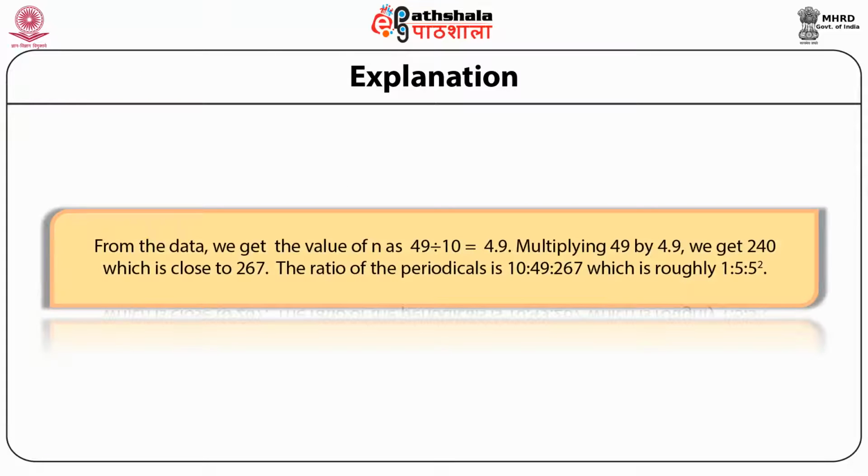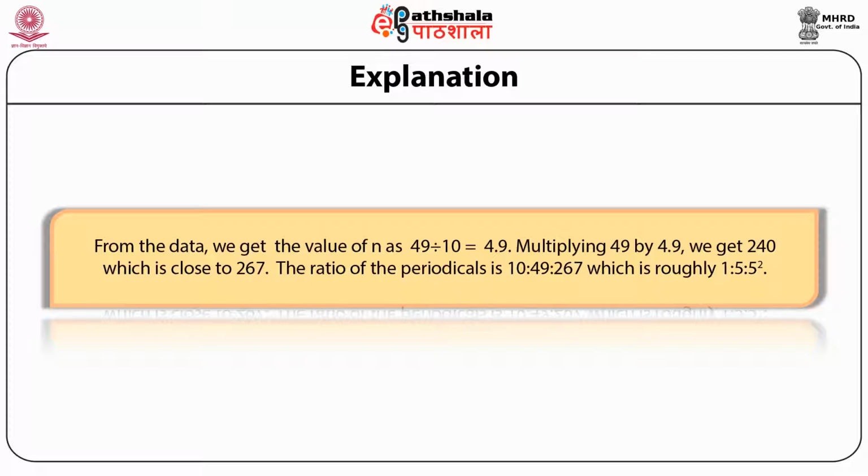From the data given above, we get the value of n as 5. That is, in the first zone there are 10 periodicals, in the second zone there are 50. We divide 50 by 10 and get 5, and this is the Bradford multiplier. Now we multiply this 50 by 5, we get 250, which is close to 267.